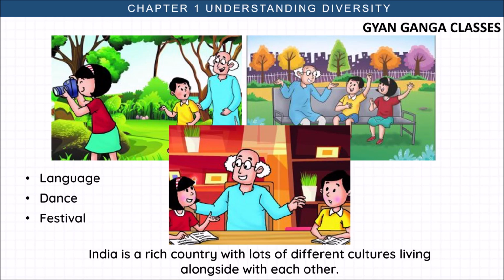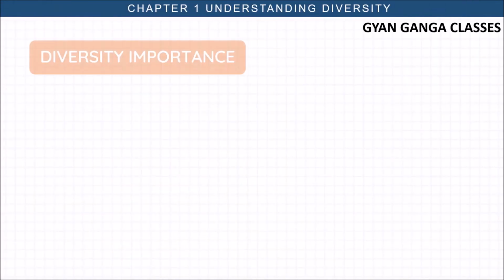And still India is a combined country. So what did we see? That there is diversity in all of India. The different cultures, or religions that you might be practicing, make the diversity of the place. So why is diversity important?